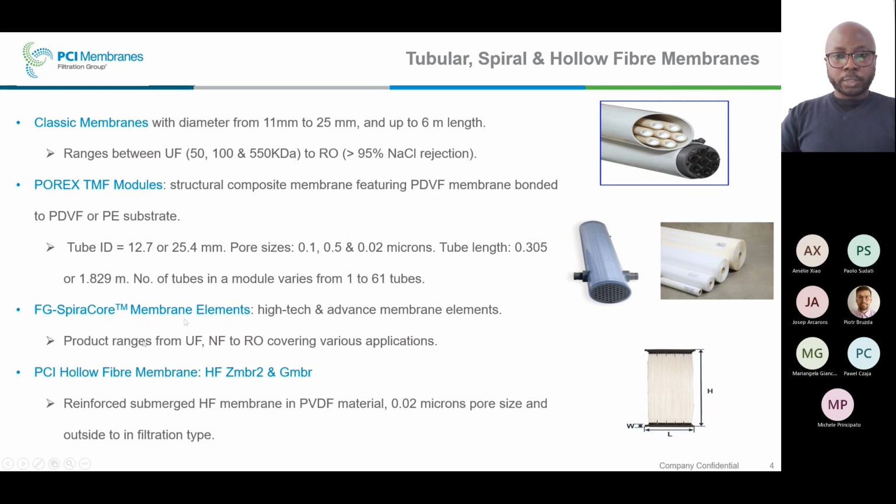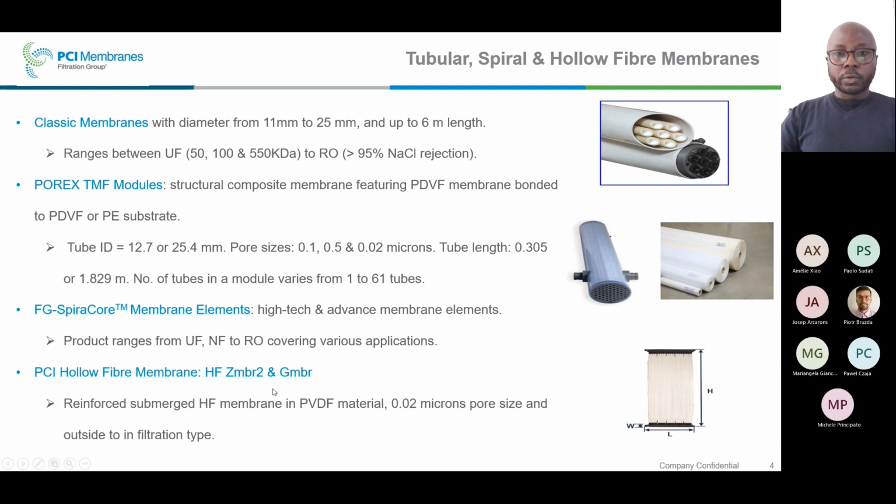Beside the spiral membrane technology, we also have hollow fiber membrane available as part of our membrane portfolio. These are typically available in the range of 0.02 microns. And we have two options, which is the ZMBR or the GMBR, both of which are reinforced submerged hollow fiber membranes.